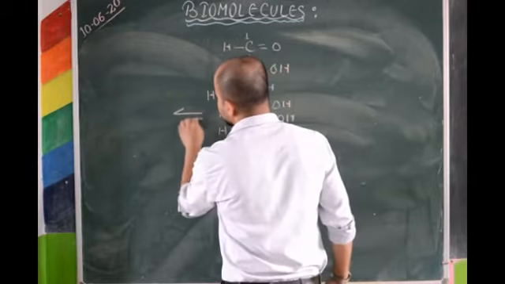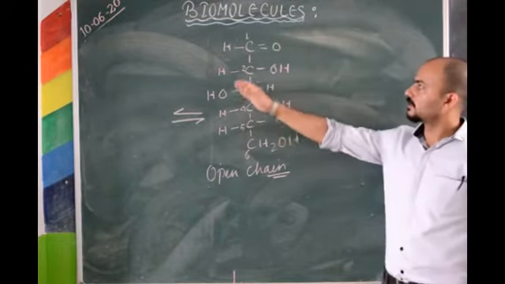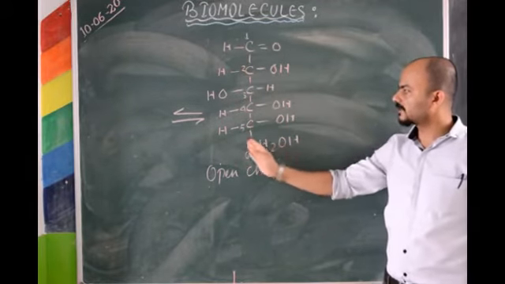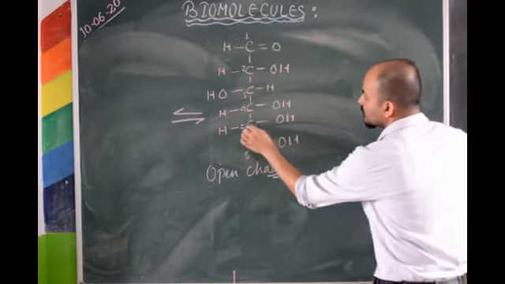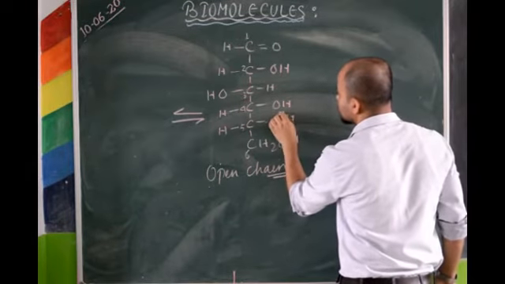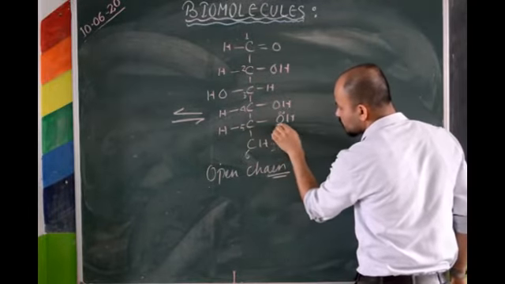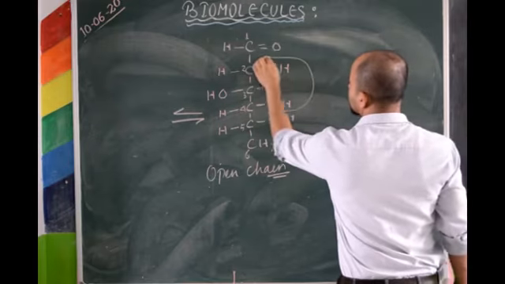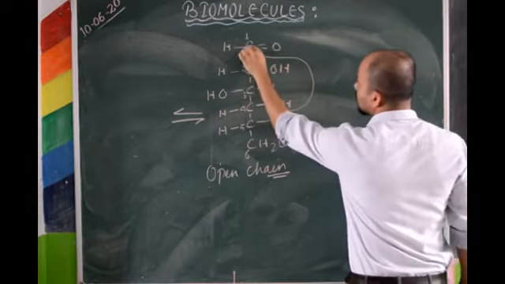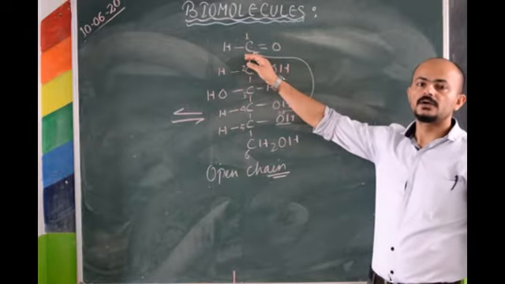Let me write how it goes to the cyclic form. In glucose, the carbons are numbered 1 to 6. The OH on carbon number 5 contains a lone pair, and this will form a bond with carbon number 1.